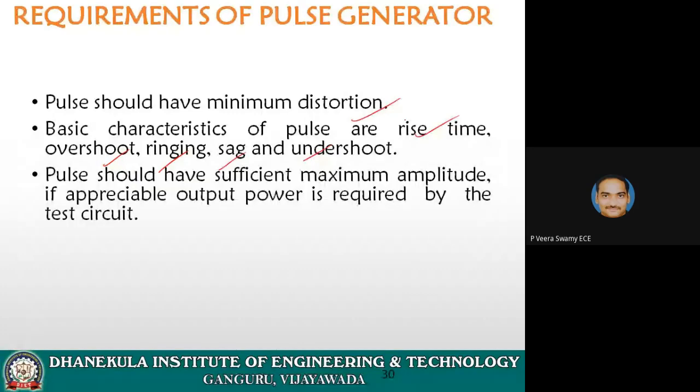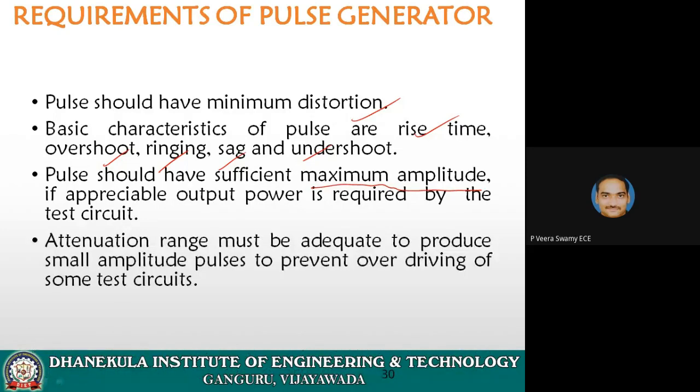Pulse should have a sufficient maximum amplitude if appreciable output power is required by the test circuit. That is also the main requirement. Attenuation range must be adequate to produce small amplitude pulses to prevent overdriving of some test circuits.